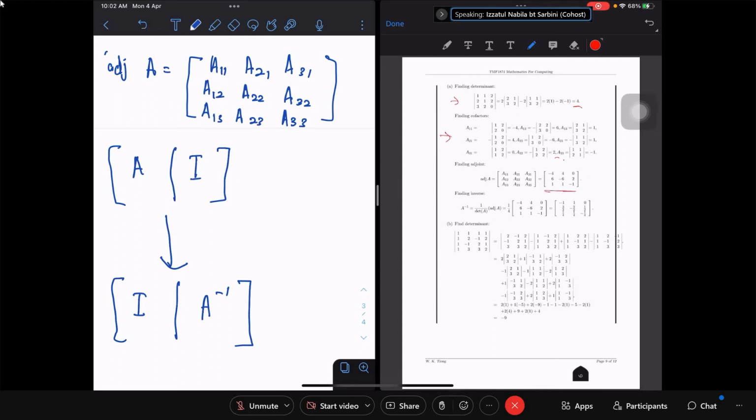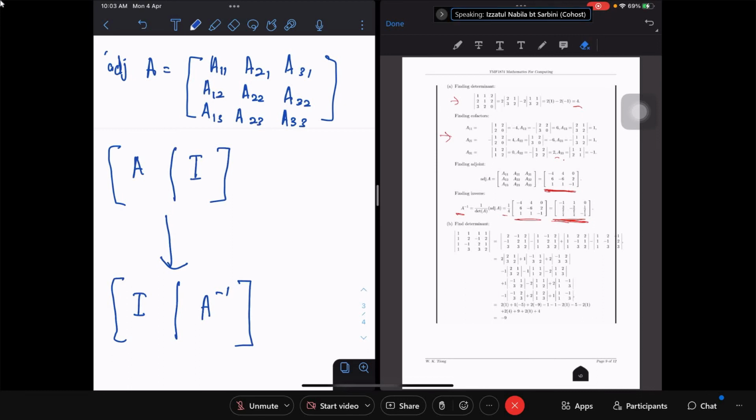Transpose, don't forget the positions need to be transposed. So we have this adjoint. Then for the inverse you just substitute into the formula. So you have 1 over 4, which is the determinant equal to 4 just now, right? 1 over 4 times the adjoint. So this will be your A inverse. This is another way for you to find the inverse, using this formula.